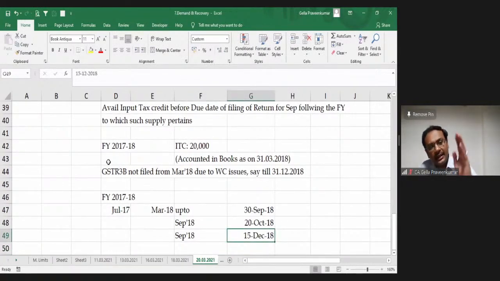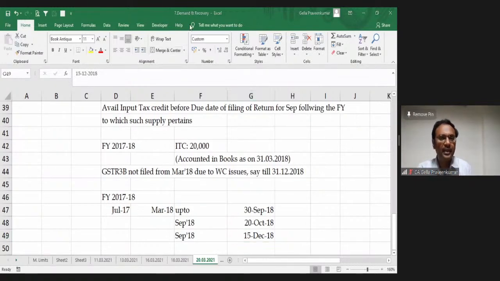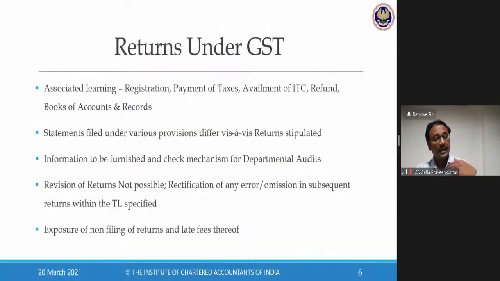You're saying it should have been availed till the September 18 GSTR-3B. They say the due date for filing the September 18 return is the cutoff; before that, I have to take it. If I fail to file my return, then the benefit of input tax credit is lost. For that reason, I'll say returns under GST law are very important, where whatever input tax I have to take, I must take within the due date. If you have not availed it, you lose the benefit of input tax credit.